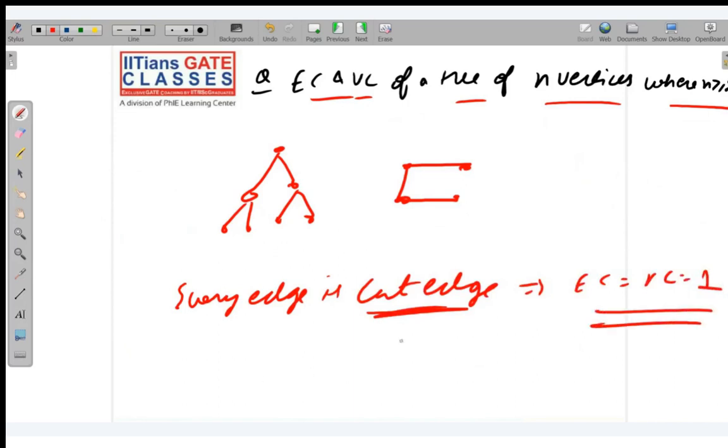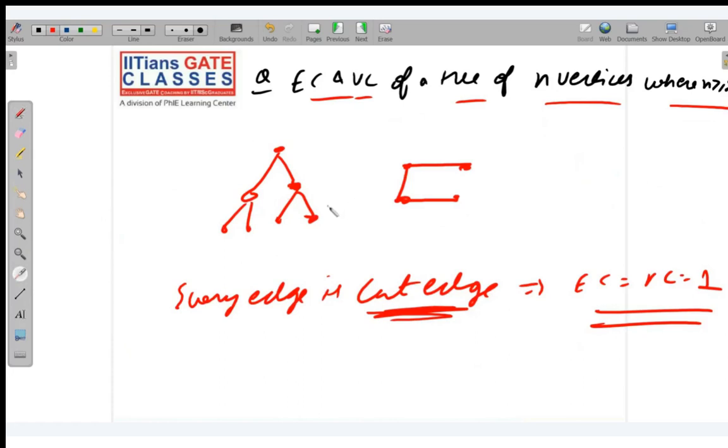Now I have told you when we have a cut edge, then the joining vertices will be cut vertices. So like this, this is the cut edge. Now this vertex will be a cut vertex. This is not a cut vertex, of course, because if I remove this, the graph will not be disconnected. But this is a cut vertex for sure.